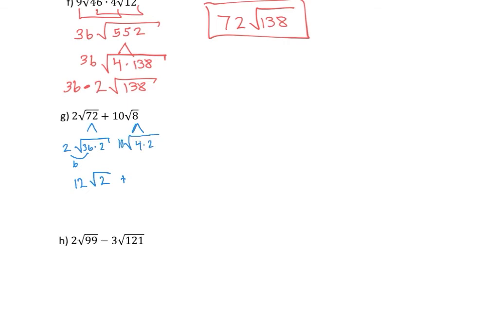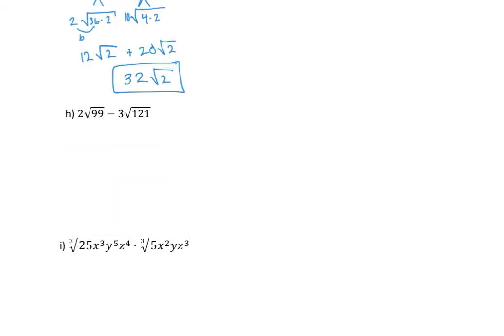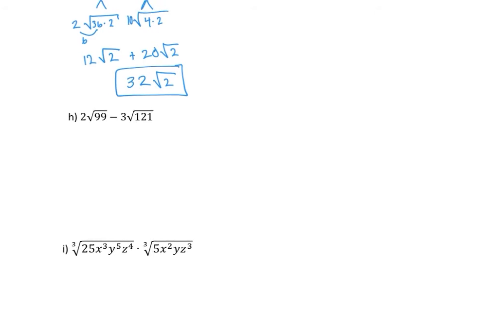The square root of 4 is 2. 2 times 10 is 20. Square root of 2. 12 plus 20 is 32 square roots of 2. Now it's really nice when you simplify them and then you can add them because they have the common factors.